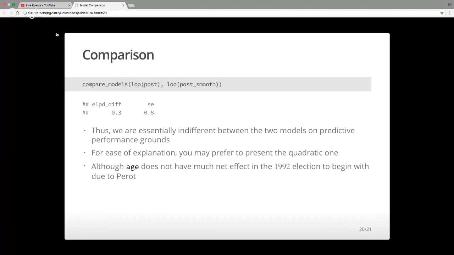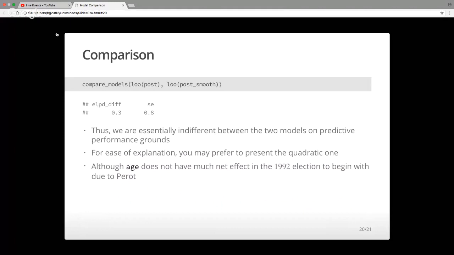And so for ease of explanation, you might want to go with the quadratic one rather than trying to explain smooth functions to whatever your audience is. But if your audience happens to be people who are allergic to making assumptions, then maybe you want to present the results of a smooth one that doesn't assume anything about the functional form.